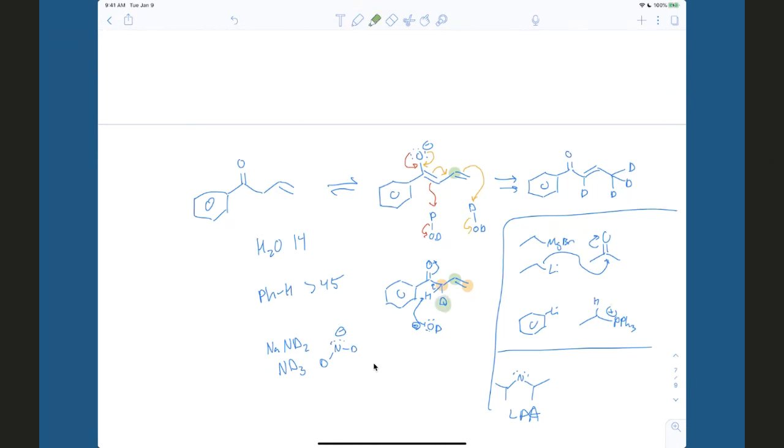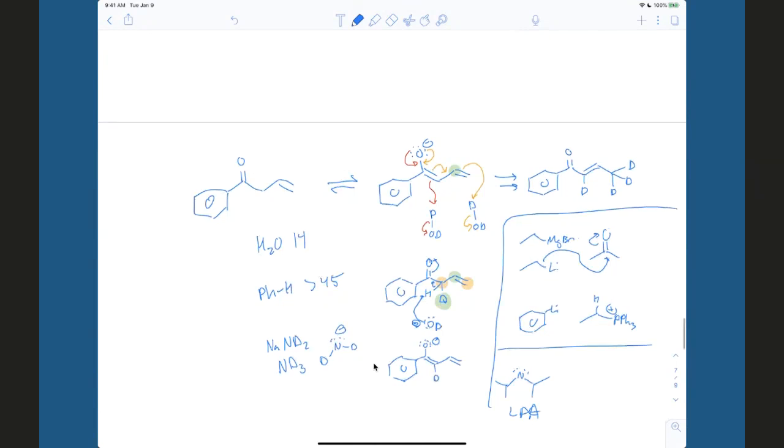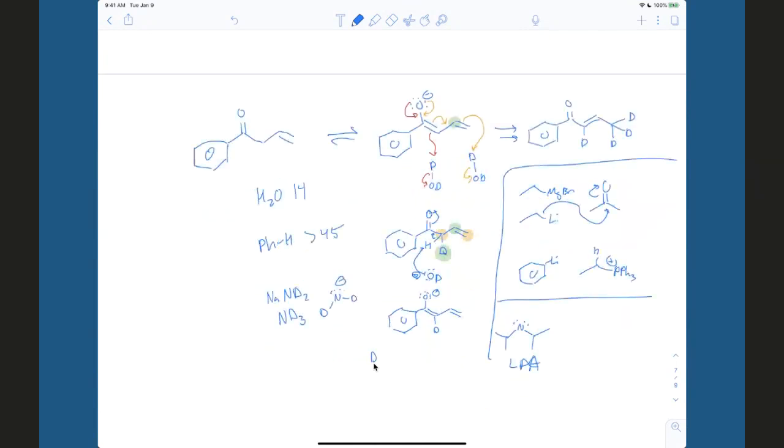So if the OD deprotonates, we would end up making this enolate, and now there's a deuterium here. The byproduct ends up being DOH, like monodeuterated water. But since you have like a millionfold excess of D2O, the equilibrium will always shift to pretty much deuterating everything.